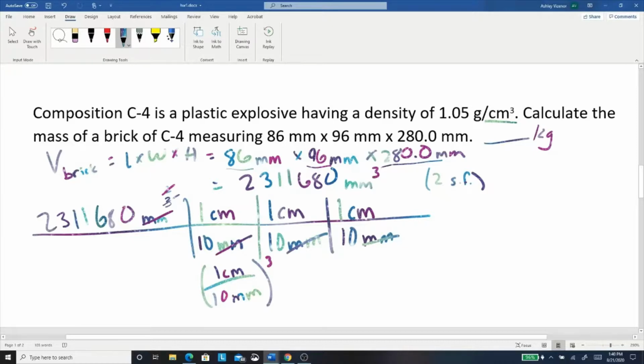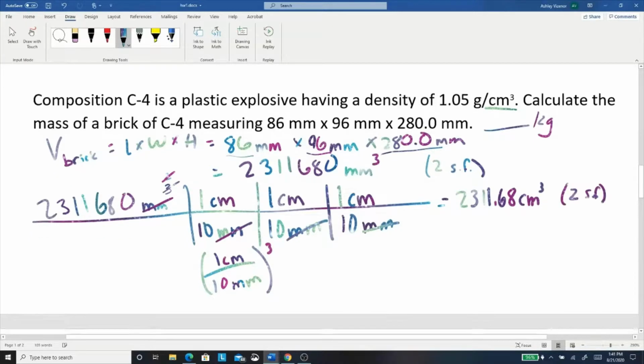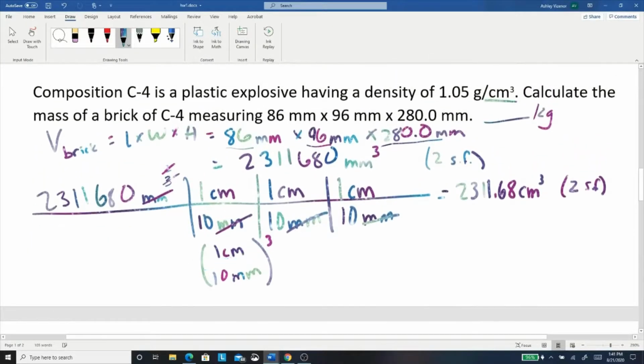All right. So now this gives us 2,311.68 cubic centimeters. Again, we can remind ourselves 2 sig figs. Okay, so now we have cubic centimeters. We can go ahead and get mass. So we have 2,311.68 cubic centimeters.